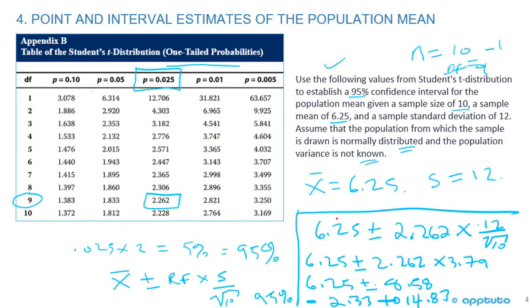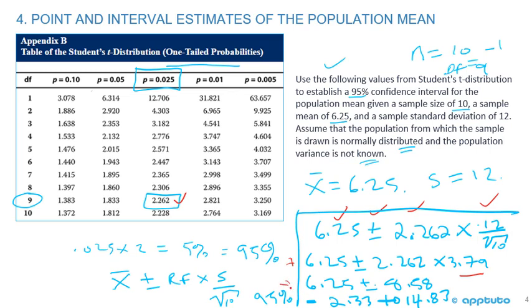So I'm just going to finish off the math here for you for the confidence interval. So we start with the sample mean 6.25 plus or minus our reliability factor, which we've got as 2.262, times the standard deviation divided by the square root of n. So that's 6.25 plus or minus 2.262 times 3.69.